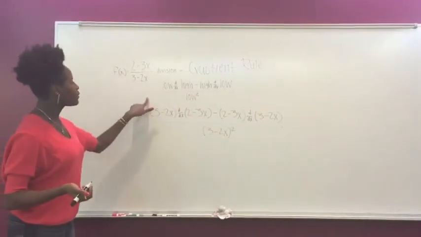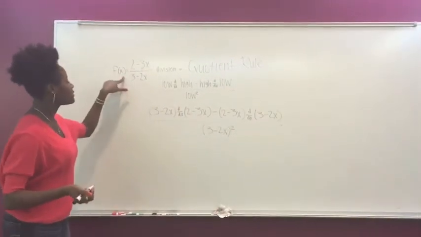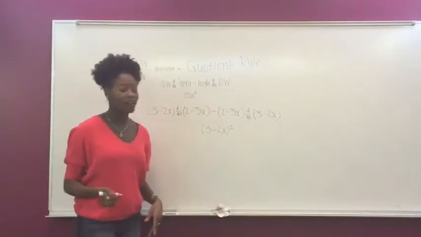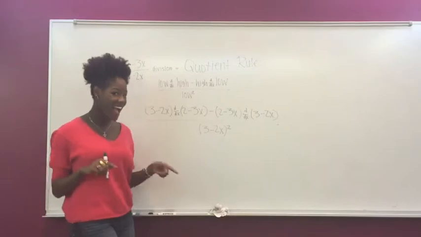So this is the quotient rule, and you know that you use it because of the division, and you would solve this and end up with your derivative, and your calculus teacher would be very happy.